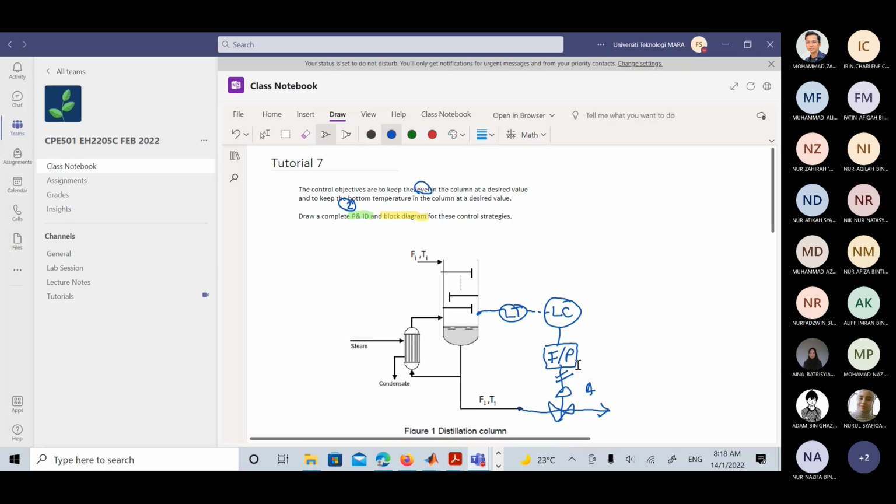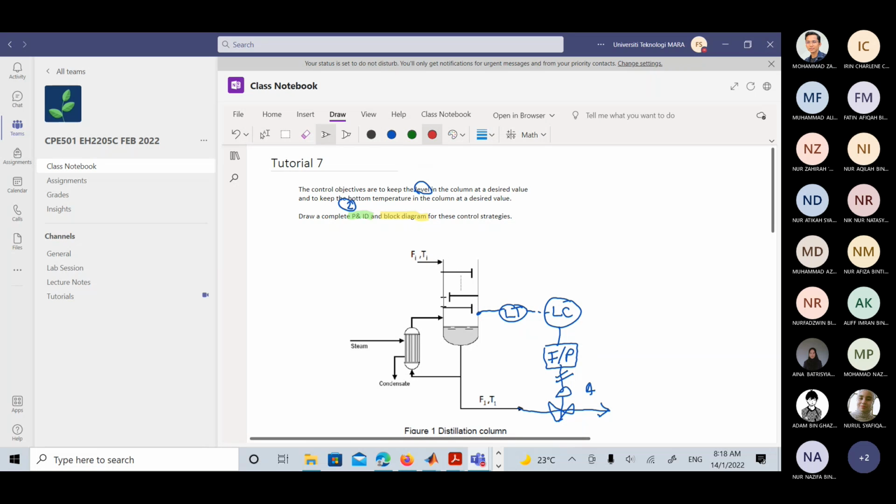Where do we place it? The steam streamline? Do we want to measure the steam streamline or the column temperature? Which temperature do we want to measure, the steam temperature or the column temperature? Column. Yes, column. So start from here.